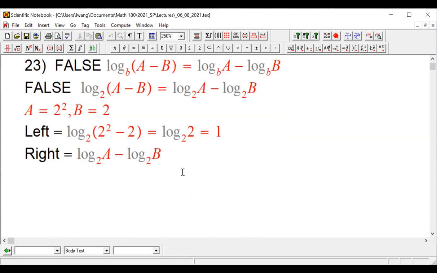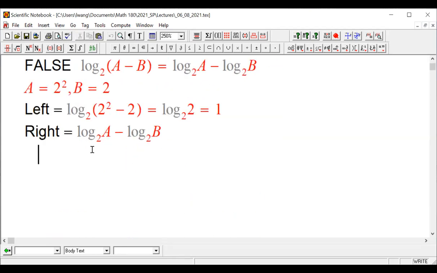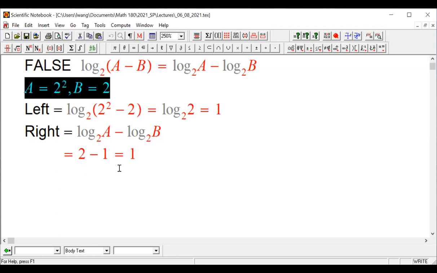And the right-hand side, we have a very interesting situation. We have 2 minus 1 equals 1. Left is equal to right in this case. Just because this example is true once, can we say it's always true? The answer is no. You just haven't found the right counter example.